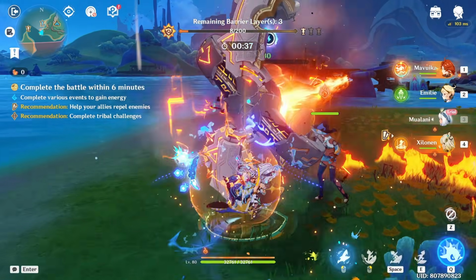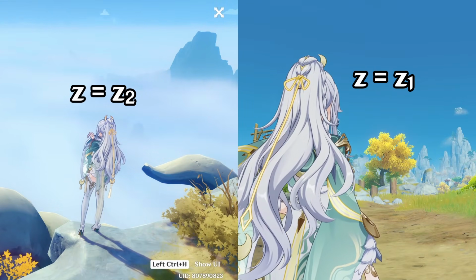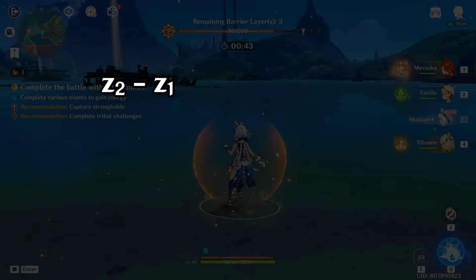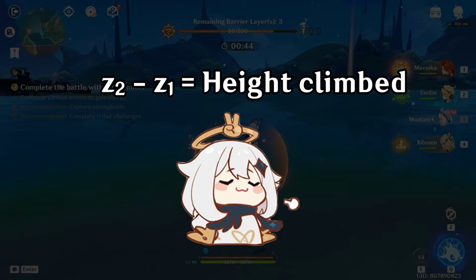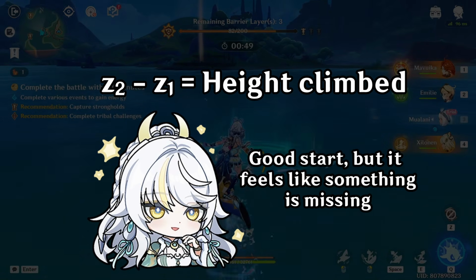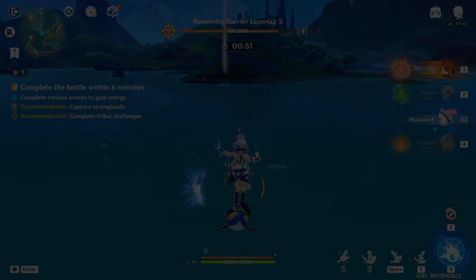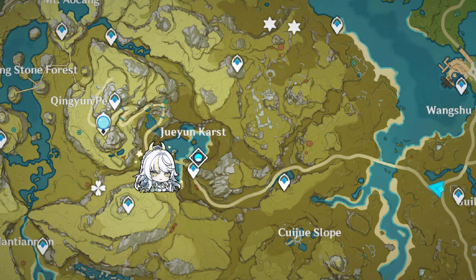One simple way is to consider your current elevation and starting elevation at the base. If you subtract the two, you know how high you've climbed. While this number is easy to understand, you feel it doesn't quite capture your whole journey. Another option could be to consider how far you've traversed.